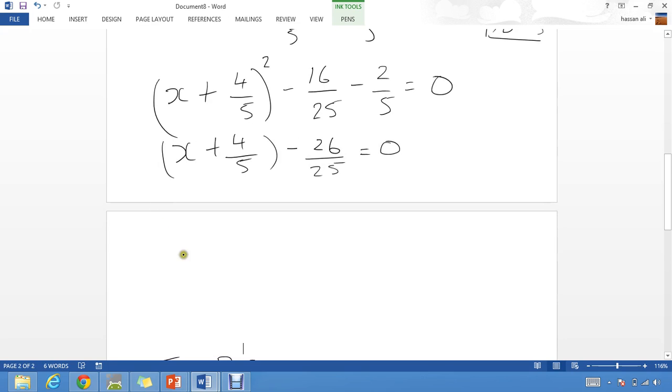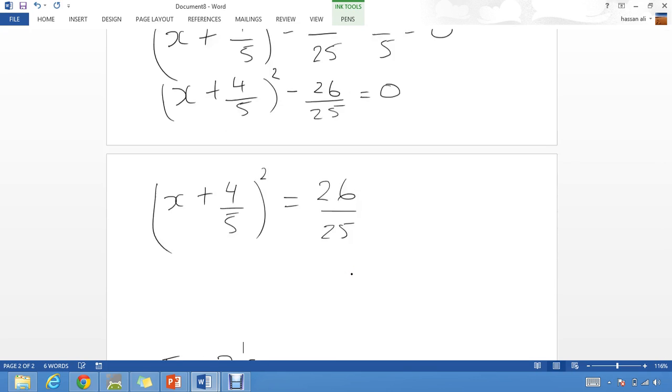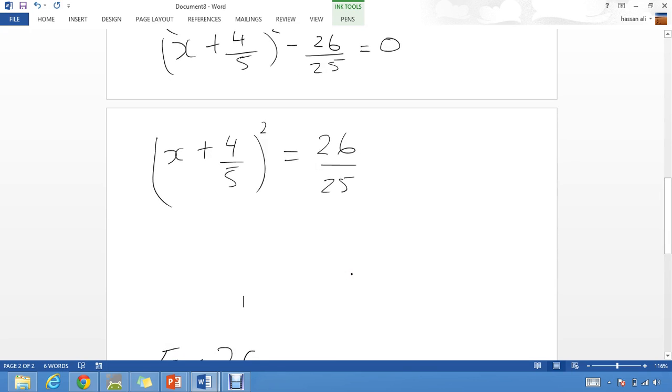Once you've got that, you just take the fraction to the other side. Don't forget that square. And remember, to get rid of a square, we square root.